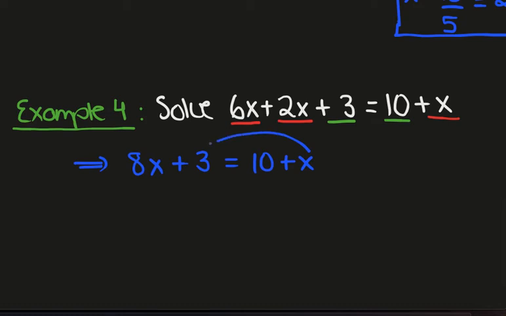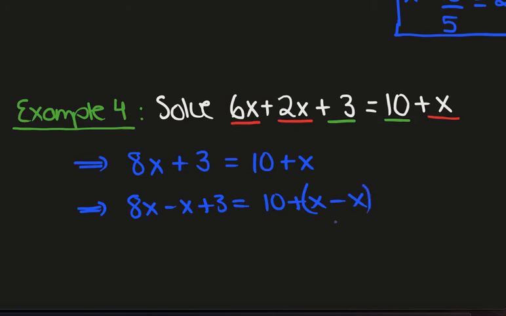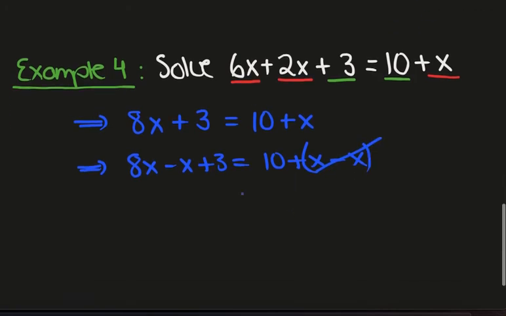So I want to bring this over here. And so the opposite of plus x is going to be minus x. So if I want to bring it over there, I have to put a minus x over. This x minus x will cancel, and this 8x minus x will give me 7x plus 3 is equal to 10.